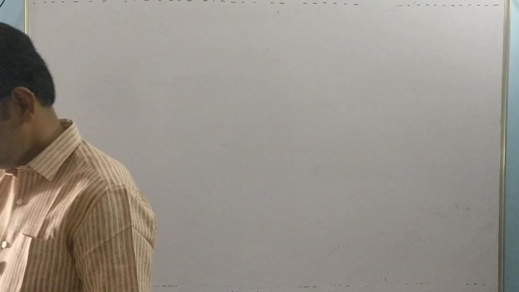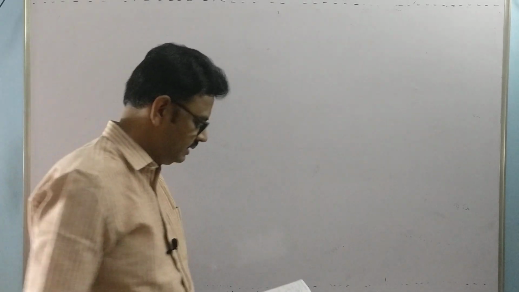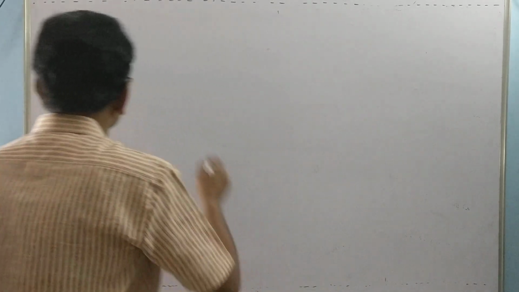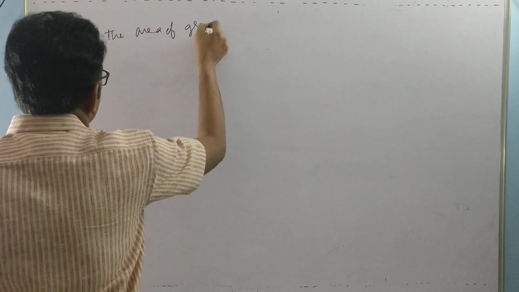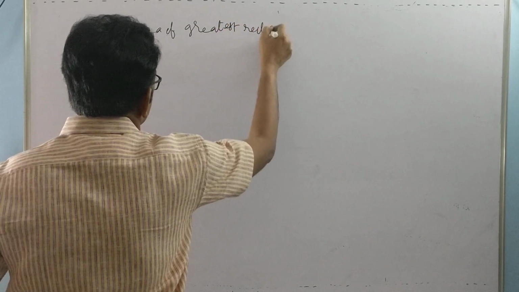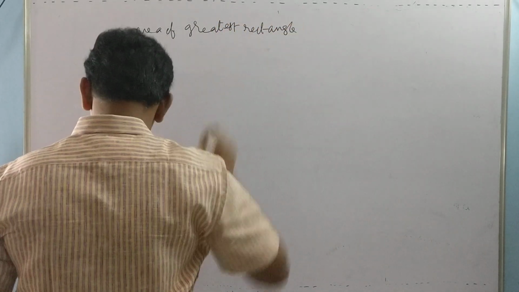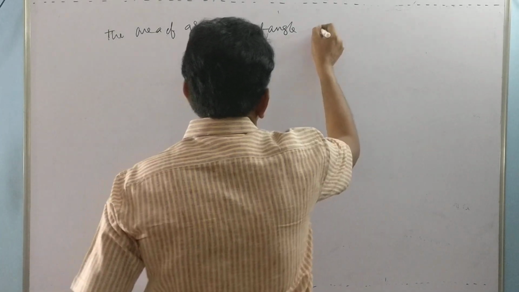Next one: the area of the greatest rectangle inscribed in the ellipse.